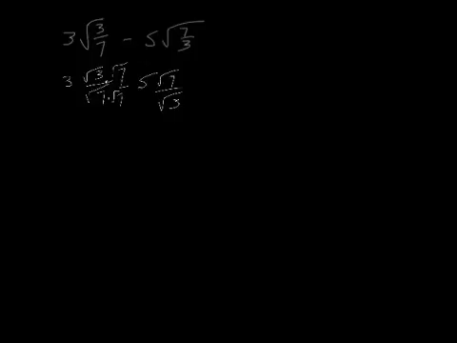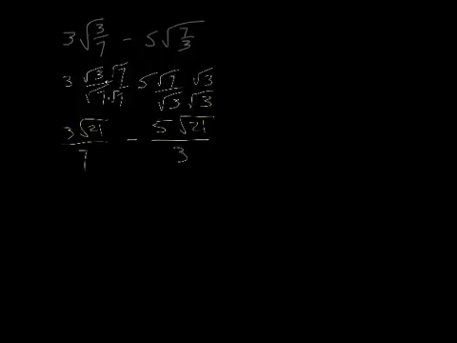This is called rationalizing the denominator. And I get 3 square root of 21. See, I can multiply those: 3 times 7 is 21. You can't add them, though, because they have different numbers under there. So 5 square root of 21 over 3.